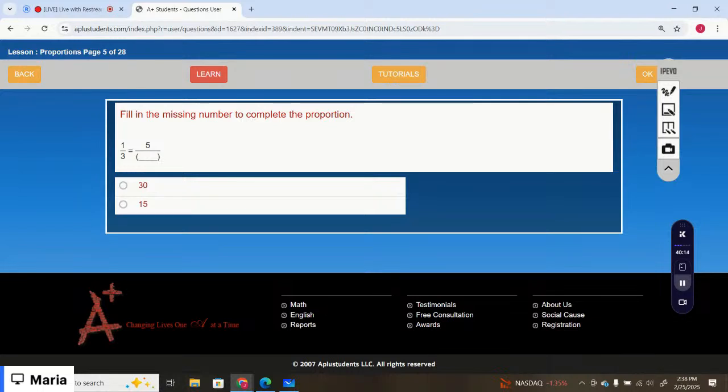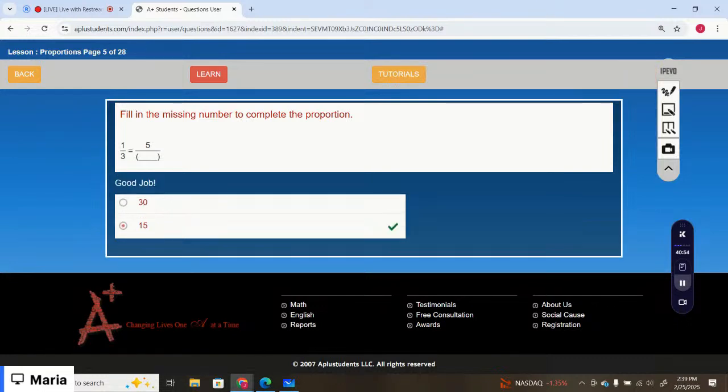Fill in the missing number to complete the proportion. 1 times 5 is 5 and 3 times 5 is 15. The correct option, option number 2, that is 15.